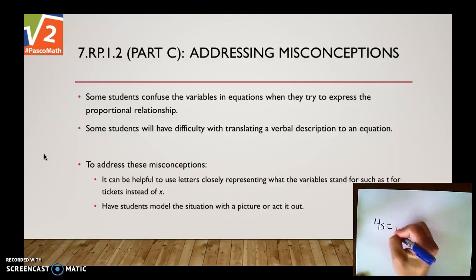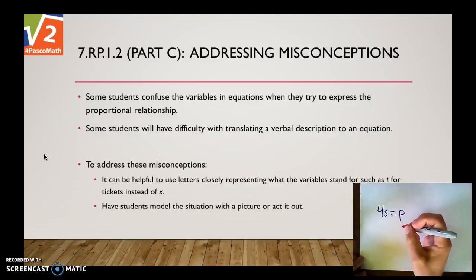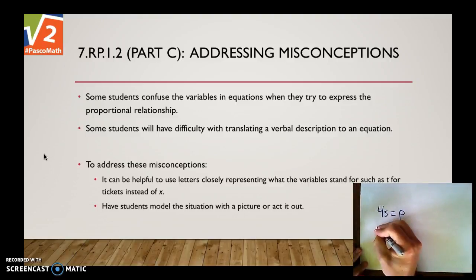But then others might model it like this, and they might say, well, 4P equals S. And so those two different equations probably are sitting in your classroom, and you can actually say, okay, we have 2 different representations for this. One's right, one's not. We need to figure it out.